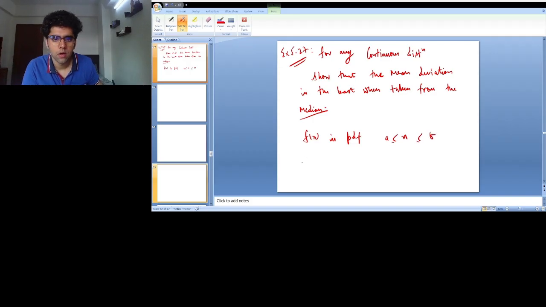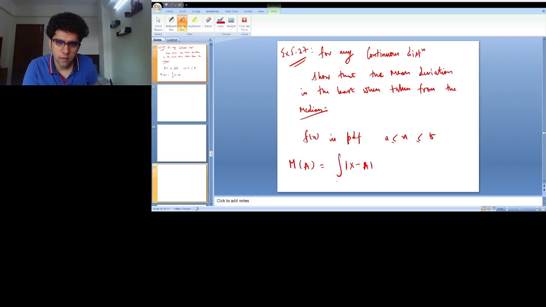Now I'll define a function M_A, which is the deviation of x from the point A, where capital A is any point lying between a and b. So M_A is a function that defines the deviation of this random variable x from this point A, which lies between a and b.